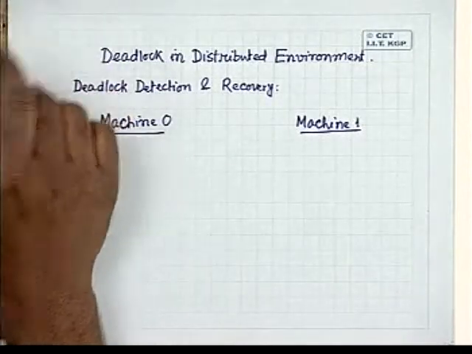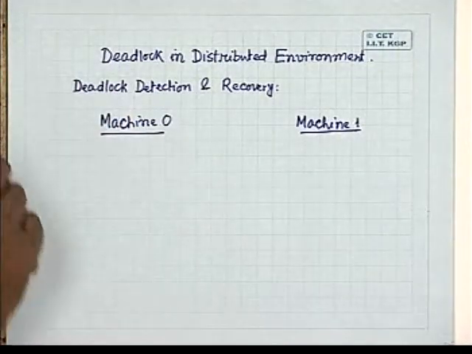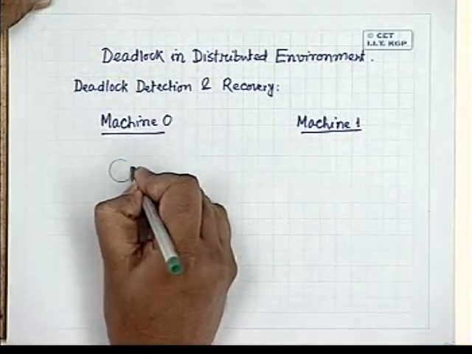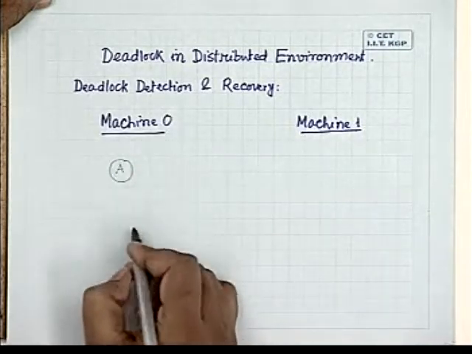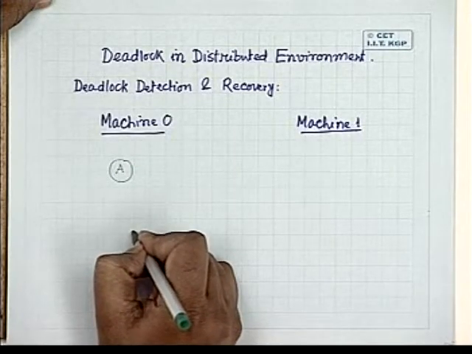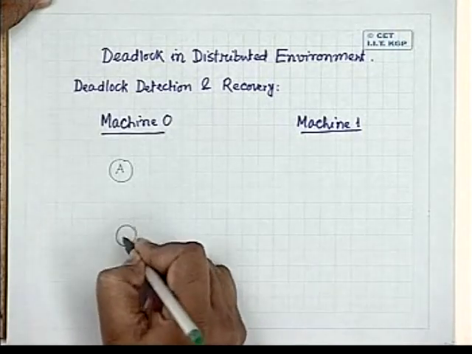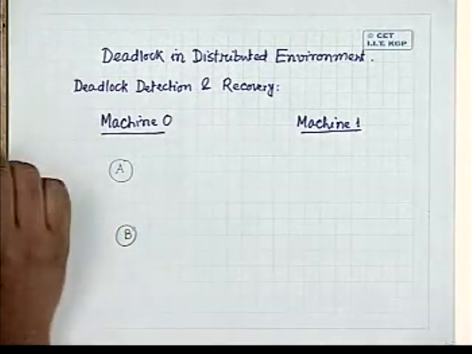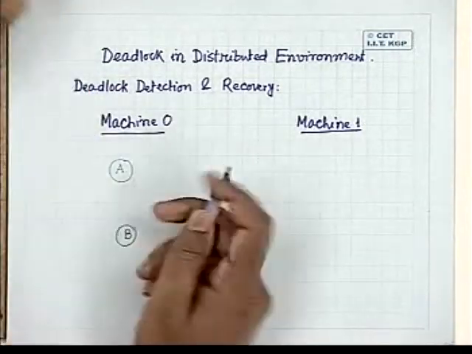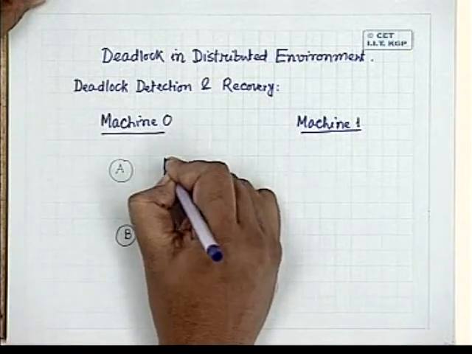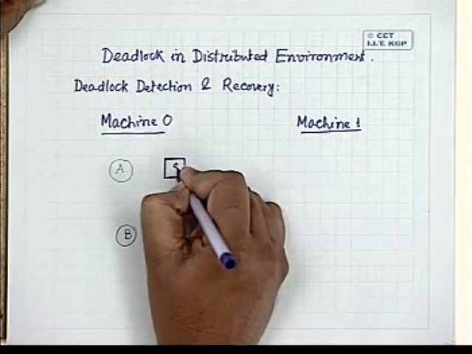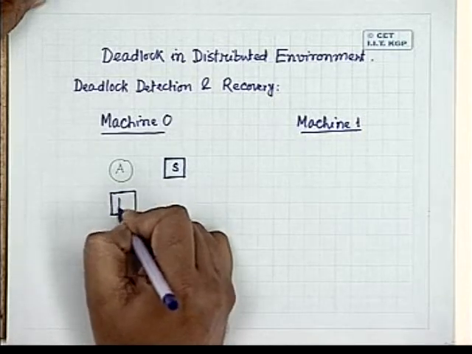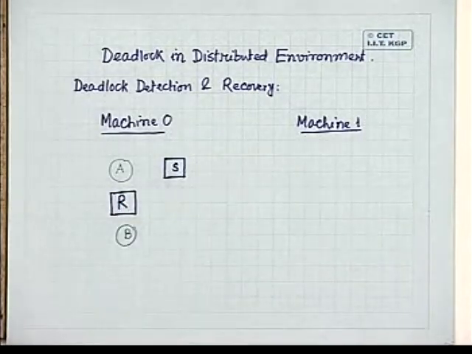In machine 0, suppose we have 2 processes running, process A and process B, and at a particular instant of time there are, say, 2 resources, resource S and resource R. Okay.